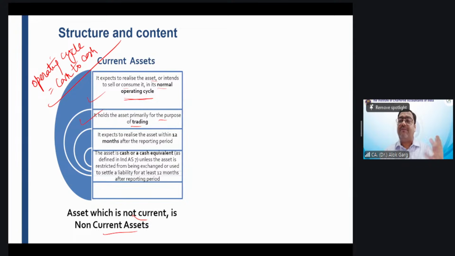Retention money has to be given after 4 years. Operating cycle is 3 years. In that case, it will be non-current. So you have to see your business model, not only retention. Normally in my business, in how much time will I be able to generate my cash? As simple as that.